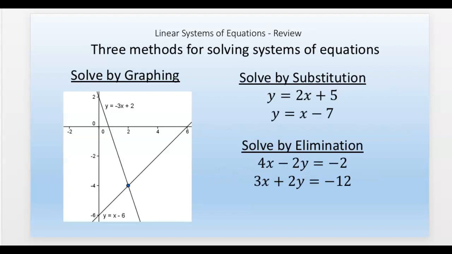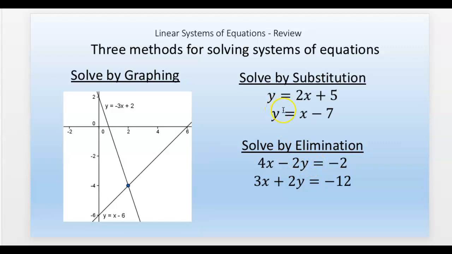Again, just to review, we looked at three different methods to solve systems of equations. We graphed them and found out where they crossed. We used Desmos a lot, and guys, it's okay to use Desmos on the test. We solved by substitution, and we solved by elimination.